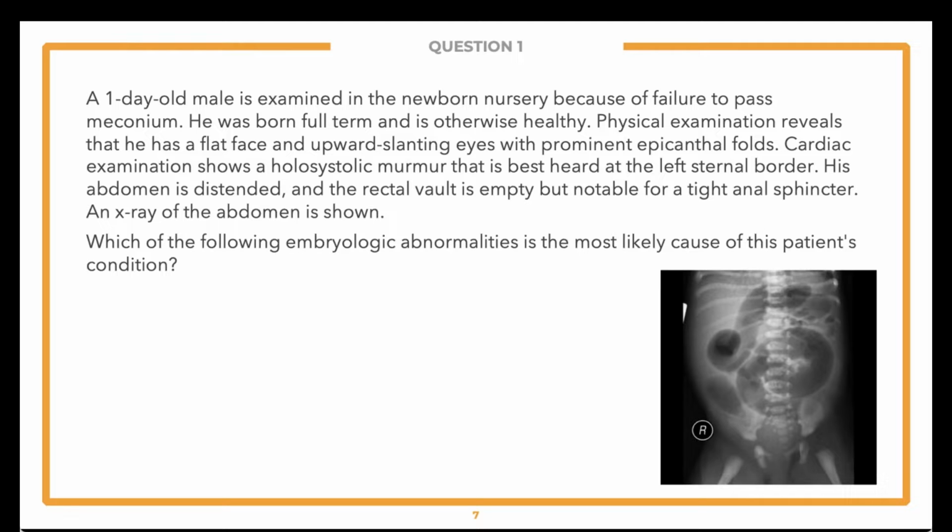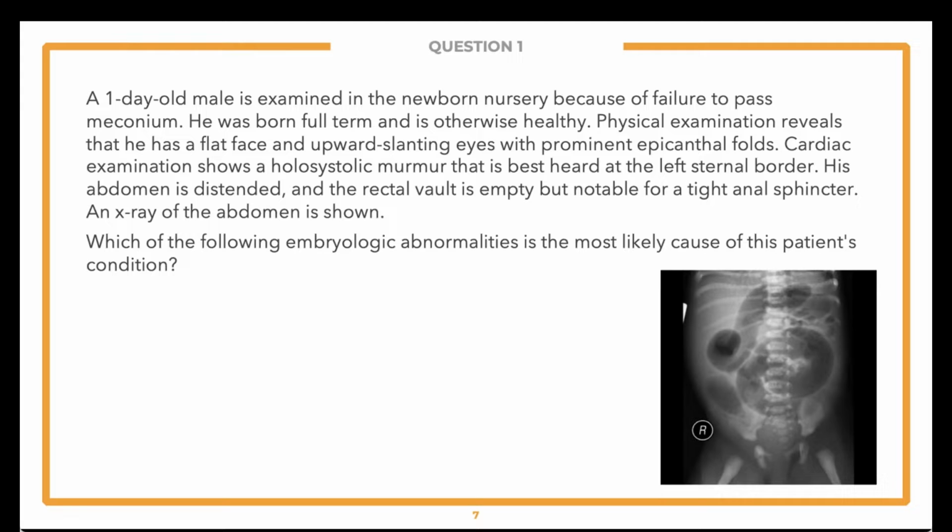Second step, read the lead-in first. So the lead-in is the question part of the item. In this case, the lead-in is, which of the following embryologic abnormalities is the most likely cause of this patient's condition?